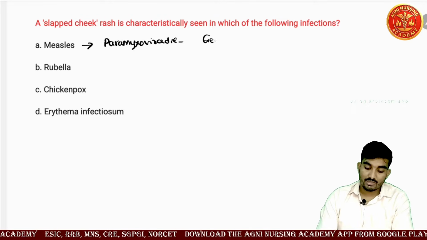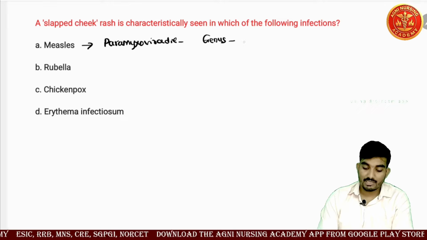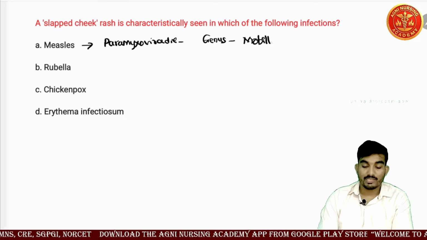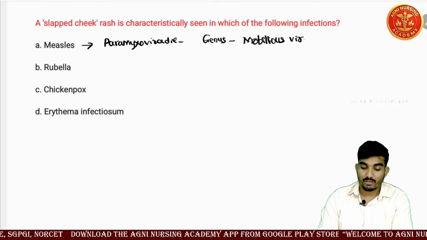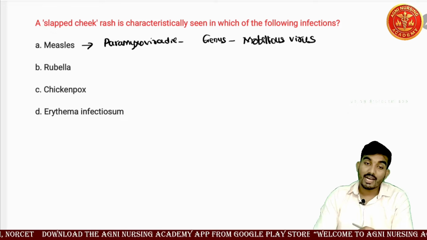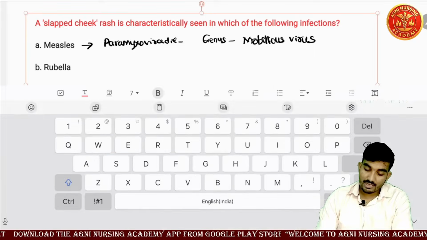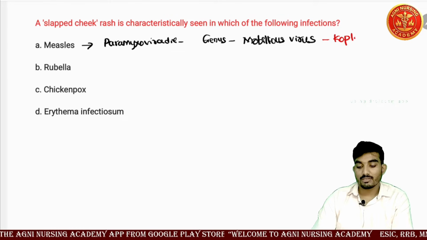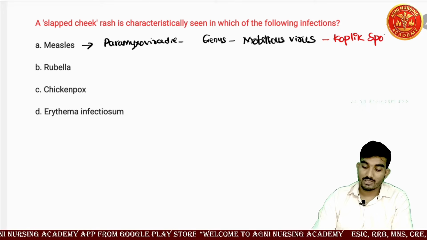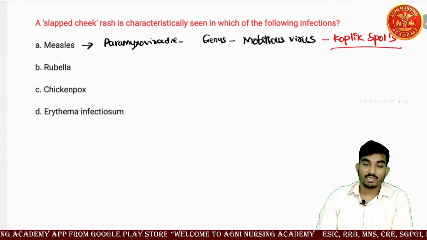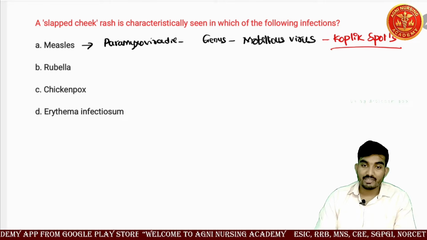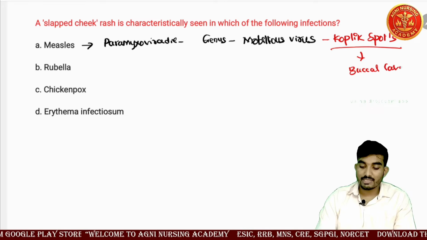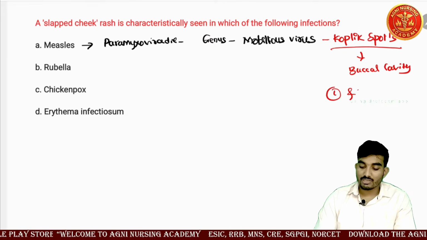The genus causing measles is Morbillivirus. The classical feature in measles is Koplik spots, a whitish-bluish appearance in the buccal cavity, especially near the first or second molar teeth.